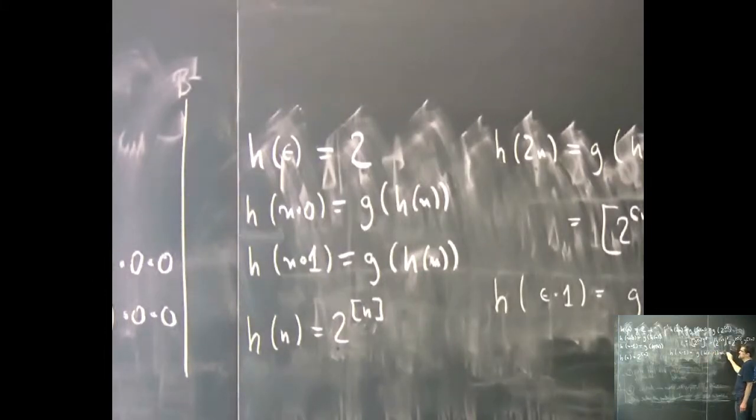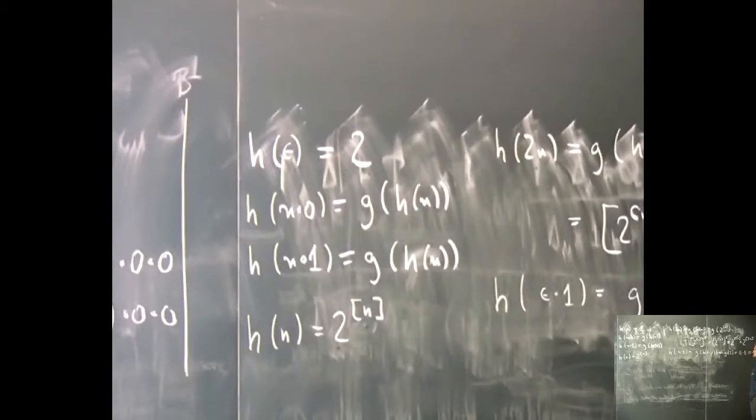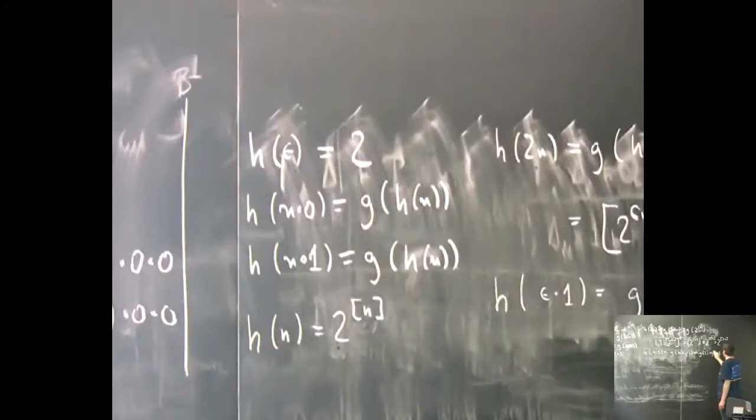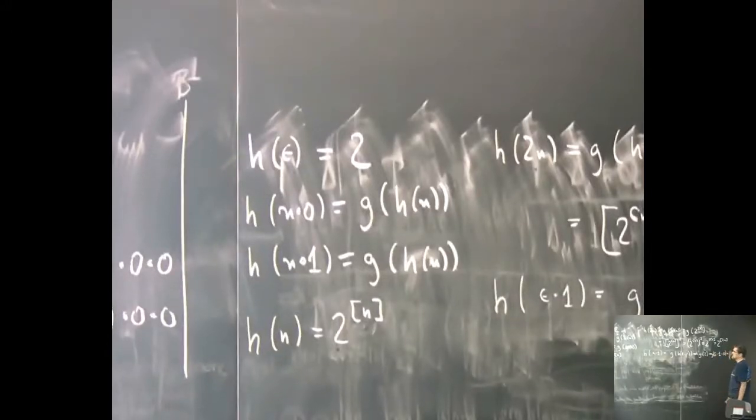G of h of epsilon should be g of 2, which is epsilon 1, 0, which is 2. No, sorry, it's g of epsilon 1, 0. So that's going to be epsilon 1 followed by 4 zeros. Which is 8, right?